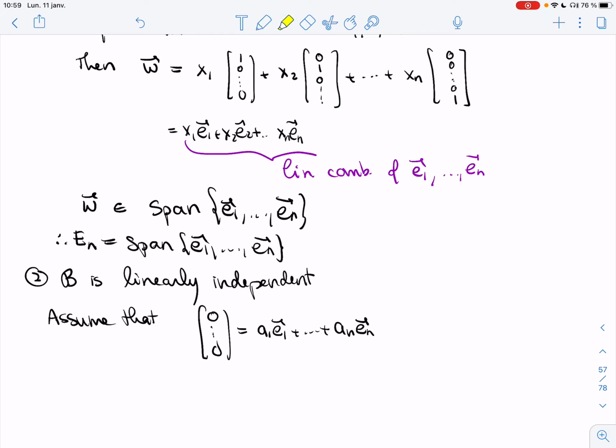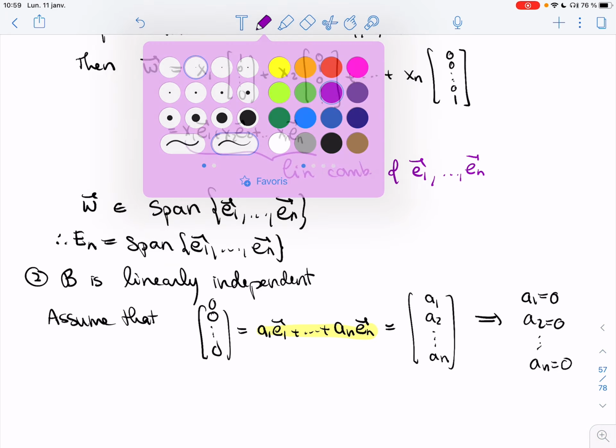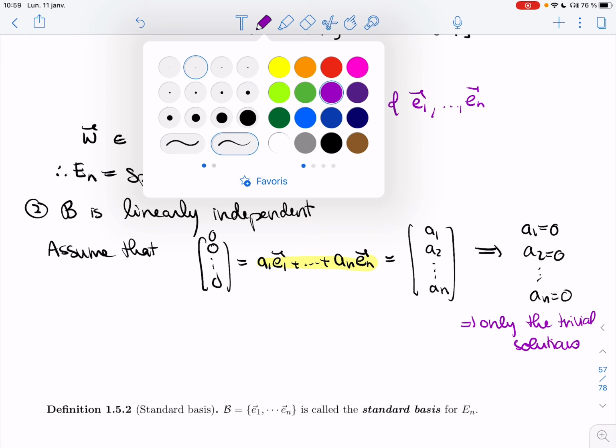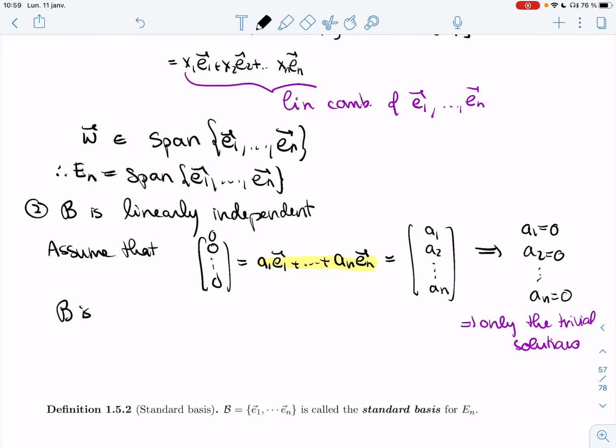If I actually put these elements together, I'm going to get (a_1, a_2, ..., a_n). And so if this is equal to 0, that means I need a_1 to be 0, a_2 to be 0, and a_n to be 0. So the only solution for the usual system is the trivial one. And so that means that B is linearly independent.